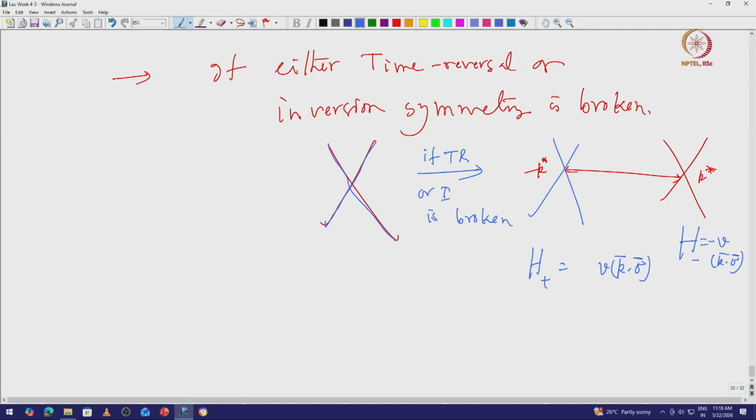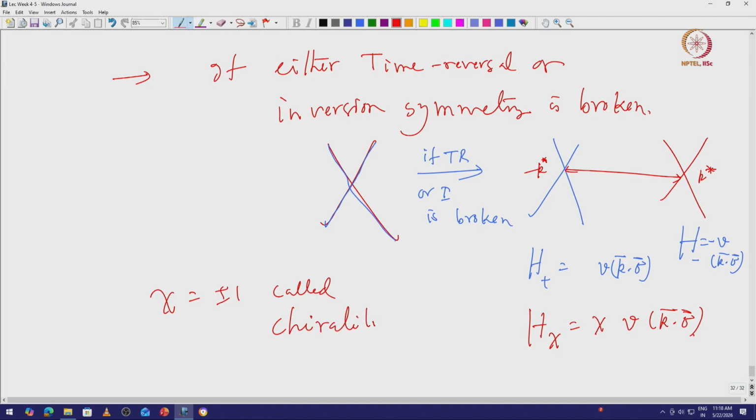Together we can write it as, where chi equal to plus minus 1 is called chirality. We will study that later.